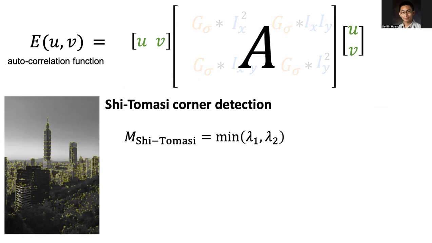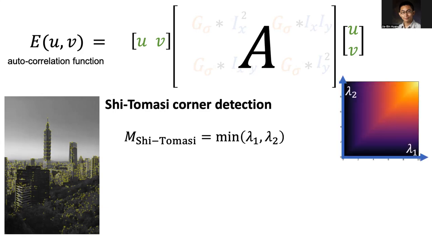Basically, it says I just look at the minimum of the eigenvalues. The eigenvalues tell you the rate of change. If even the smallest change is large, which means it's very sensitive no matter what direction you move, then it's a good corner to detect.